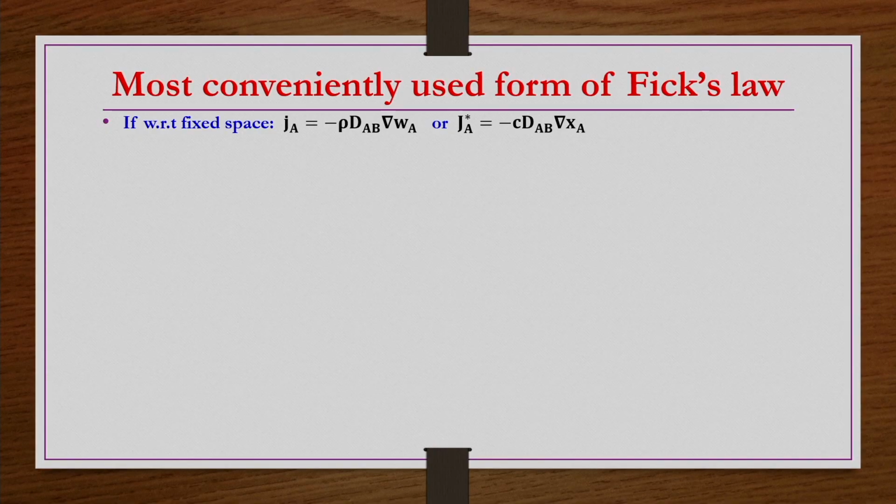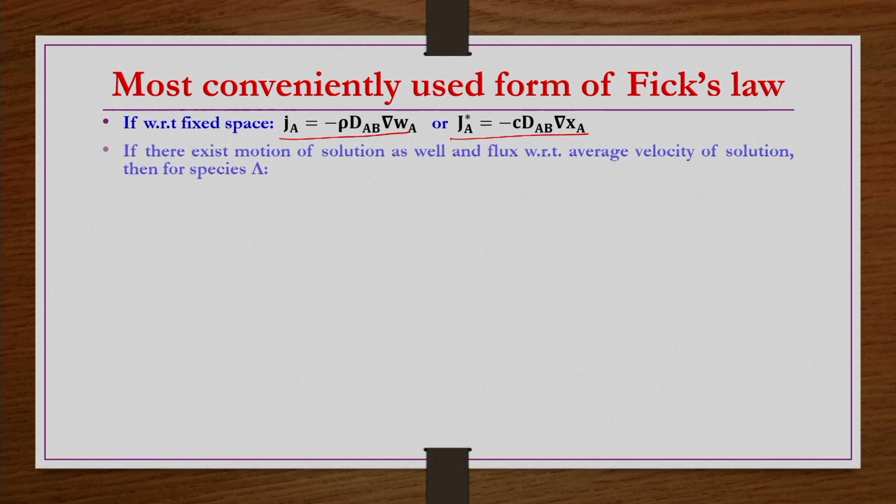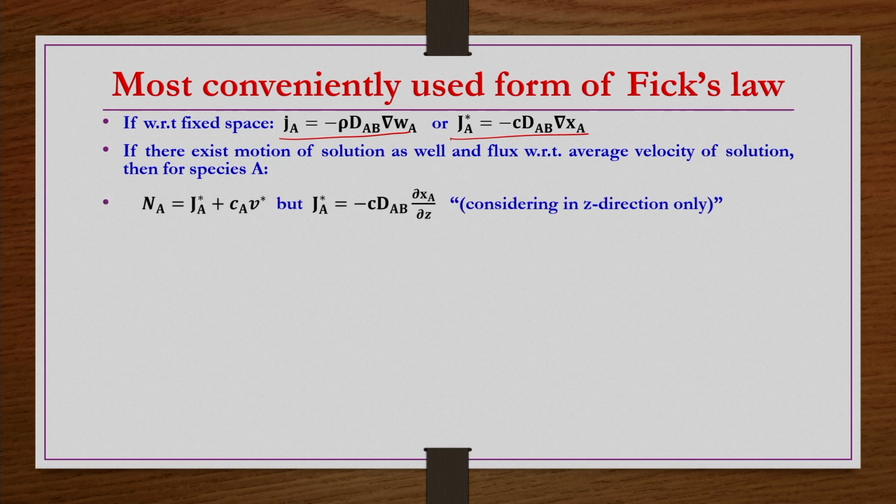So, with respect to the fixed space, we have seen the mass flux is this one, in table 1 just now, and the molar flux is this one. Then if there exists motion of the solution as well, and flux with respect to the average velocity of the solution, then for species A, this is what we have seen: the combined flux in molar units is the flux because of the diffusion in molar units, and then the flux because of the local molar average velocity is this one.